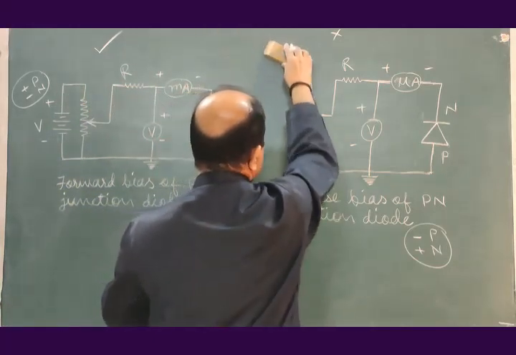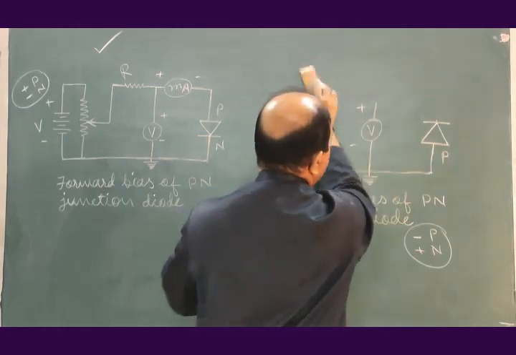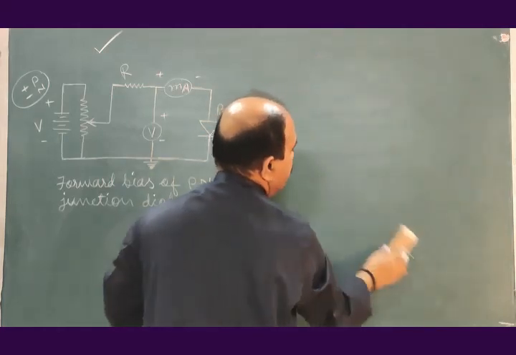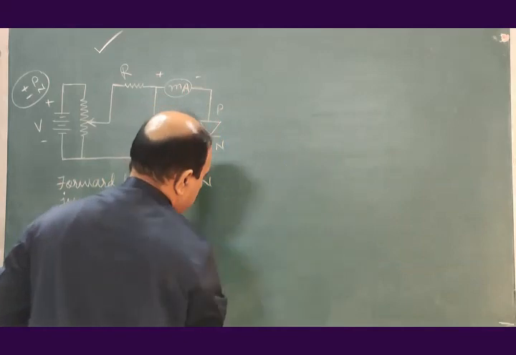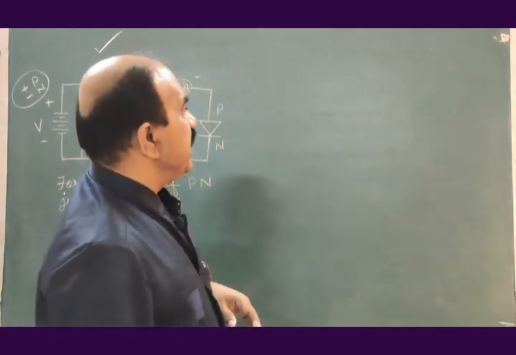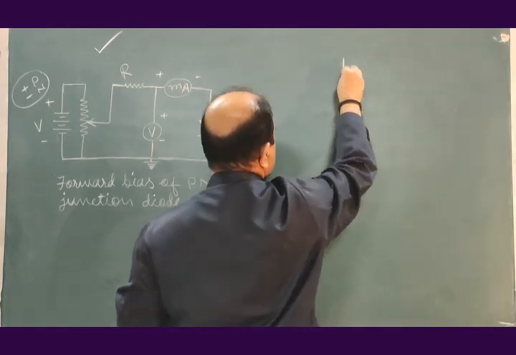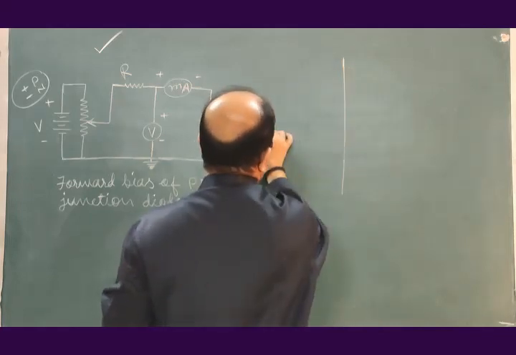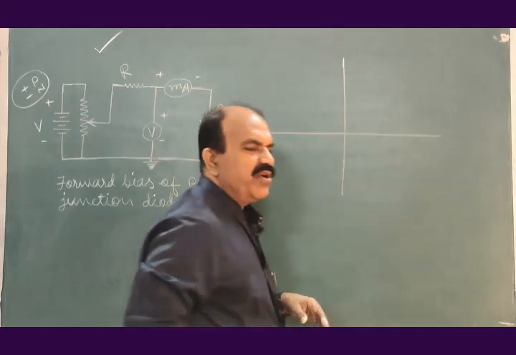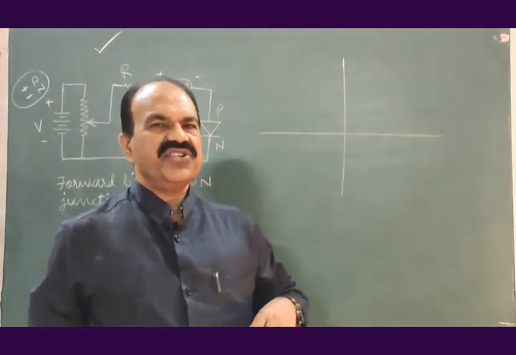As per the working of the PN junction diode that we just talked about, we can draw the VI characteristics of a PN junction diode. What is the meaning of VI characteristics of a PN junction diode?